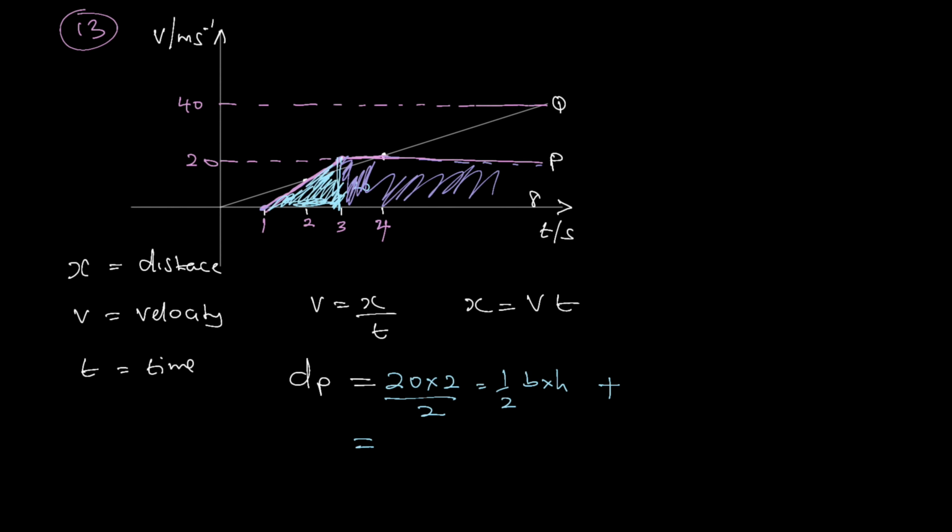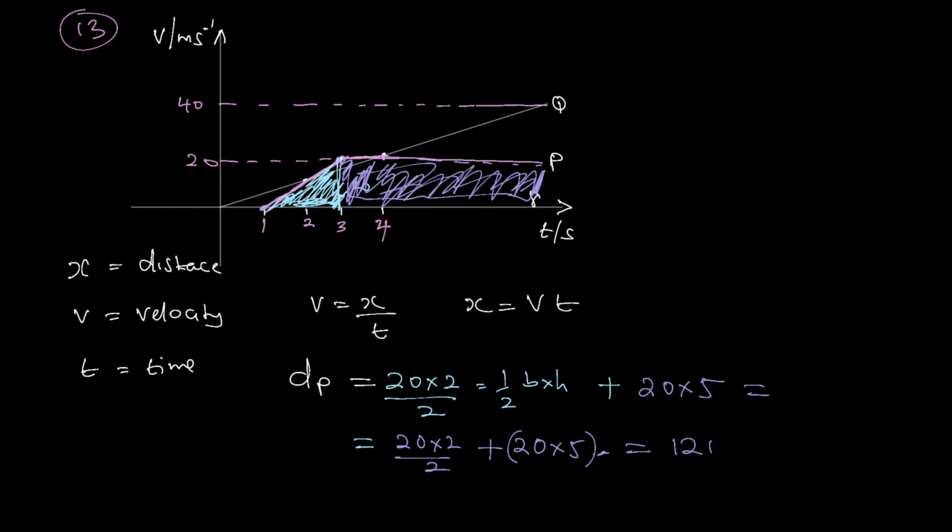That's the whole area for P between 3 and 8, so 5 for the base and the height is 20. It's a rectangle this time, not a triangle, so 20 times 5. Adding together, 20 times 2 over 2 is 20, plus 20 times 5 is 100, so that's 120 meters.